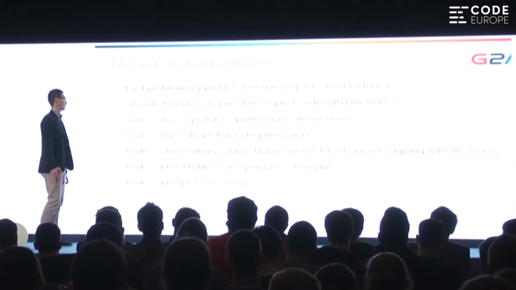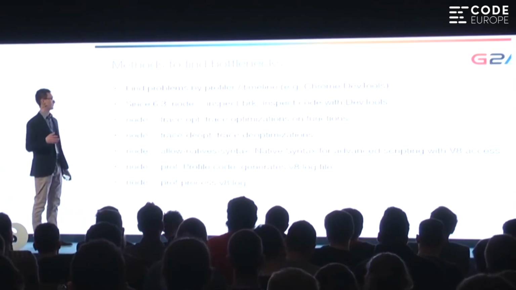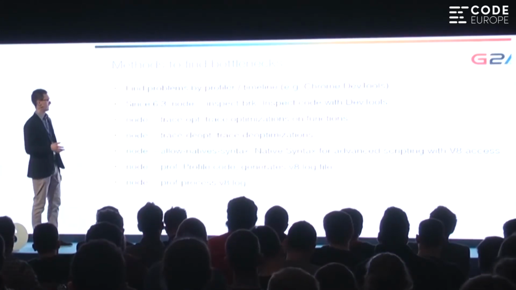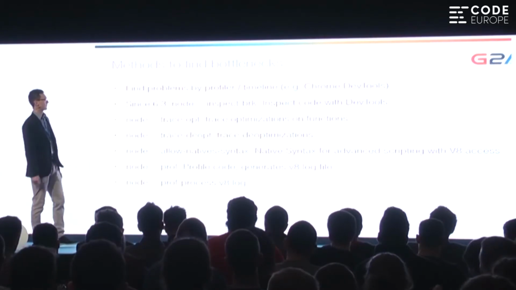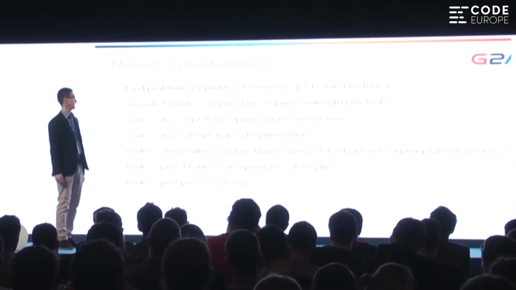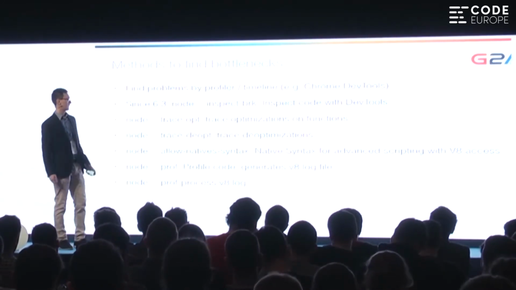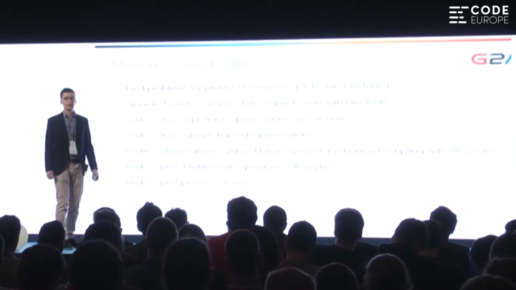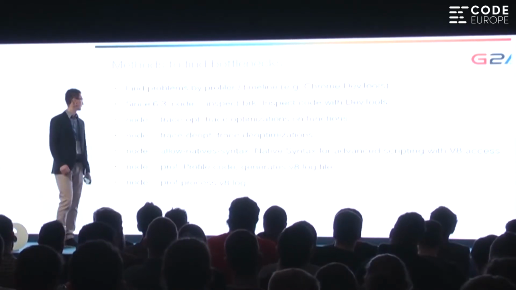So when we use node with the flag inspect-brk, or inspect itself, it will open a DevTools instance where you can just see the code. You can profile it as well, just like a normal browser application.